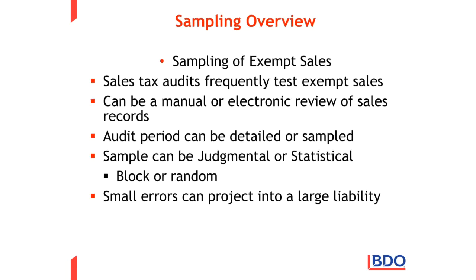What you're going to see in this slide and the next slide are related to sampling. I don't think we really need to discuss sampling much, but basically what happens in an audit is you have this population, and the best way to review the population is to draw a sample.